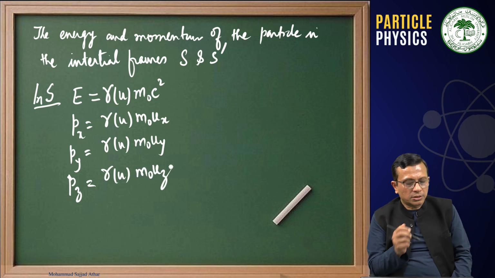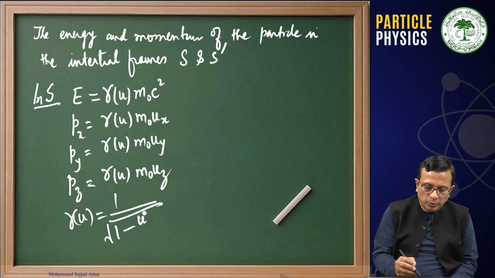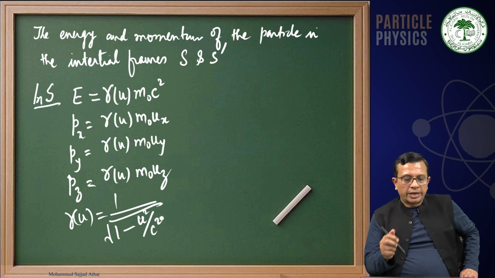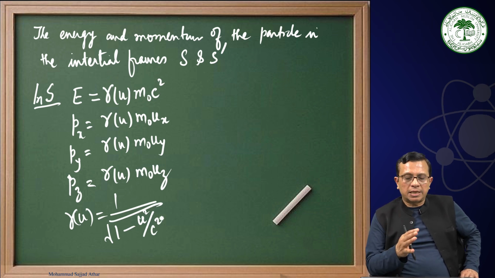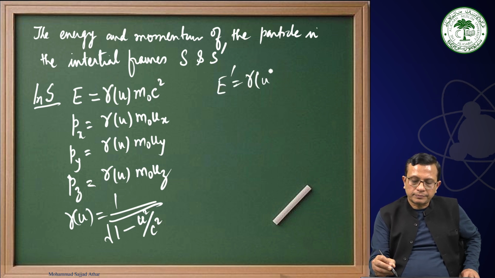Gamma u is nothing but 1 over square root of 1 minus u square by c square. Now similarly, if I want to express this in the S prime frame, then simply E prime will be gamma u prime m naught c square.